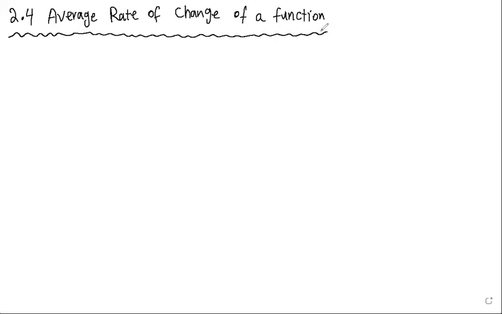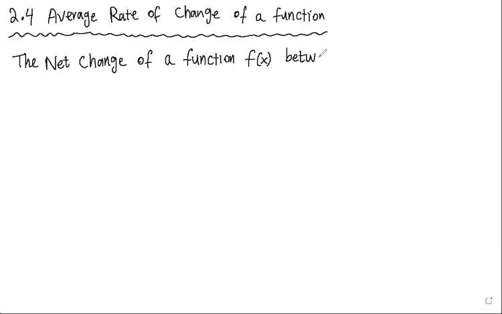Okay. So you have to know one thing. The net change formula: the net change of a function f of x between 2 points, between the first point x equal a and the second point x equal b, is given as f of b minus f of a.